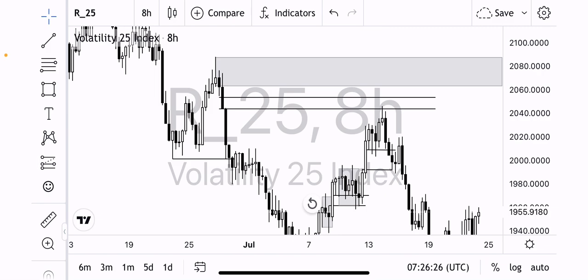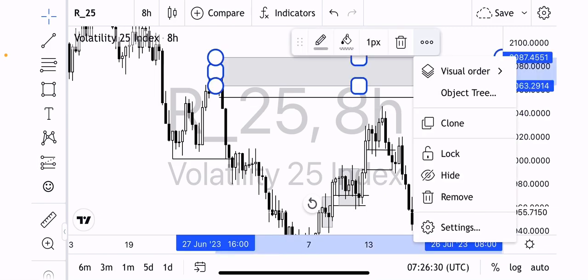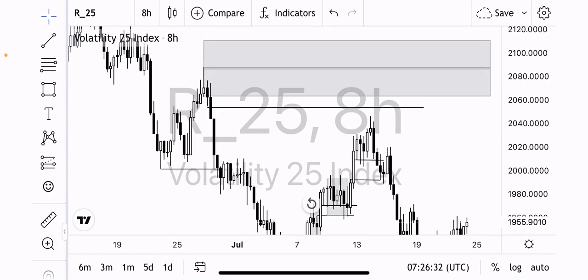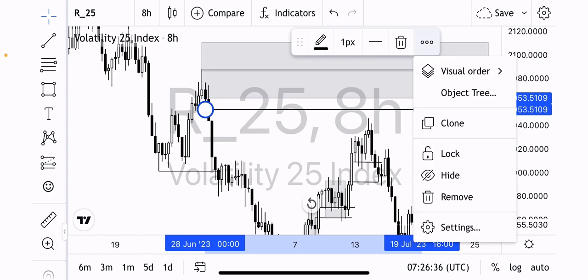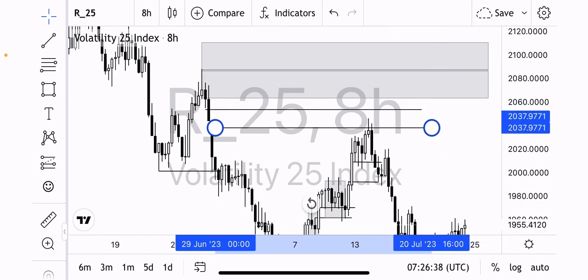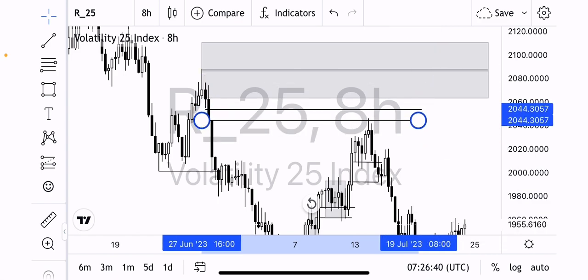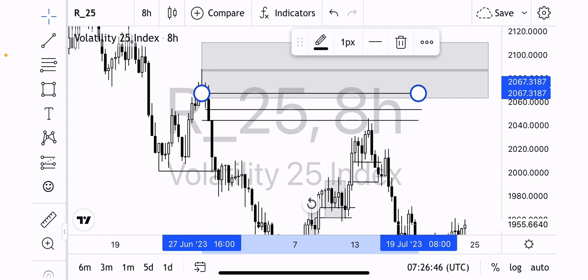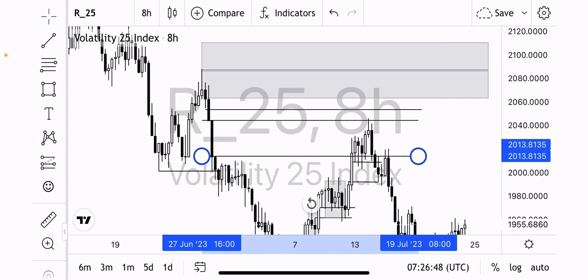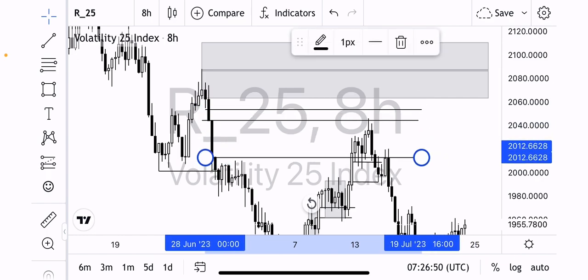We have another fair value gap here. See this, guys. We have the fair value gap here, and it is closer to our POI. So we have another fair value gap here. This is another fair value gap, guys.